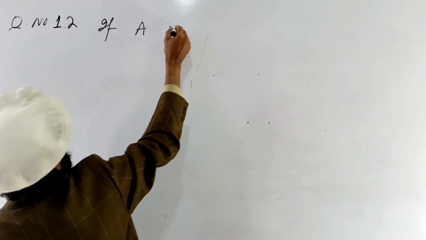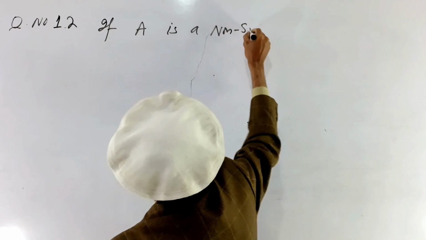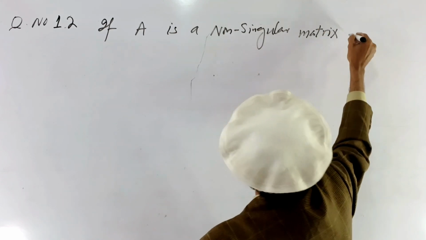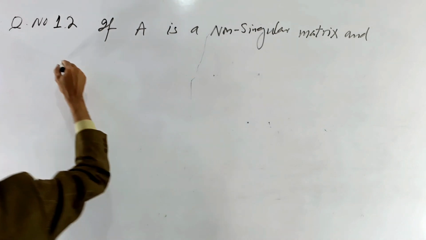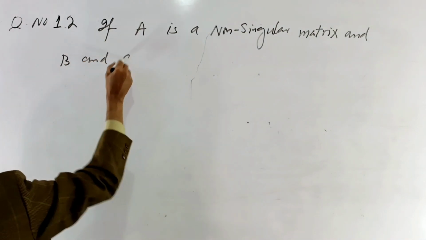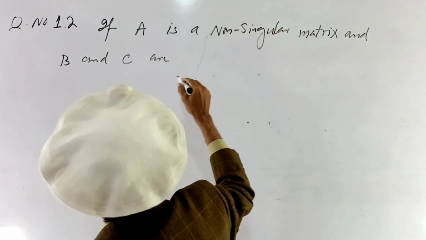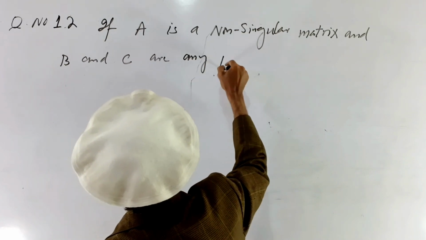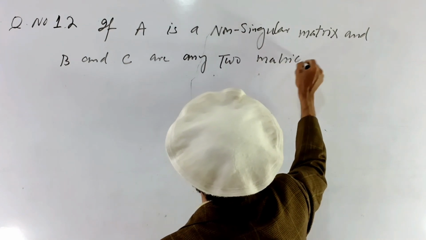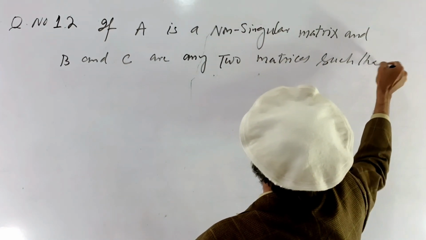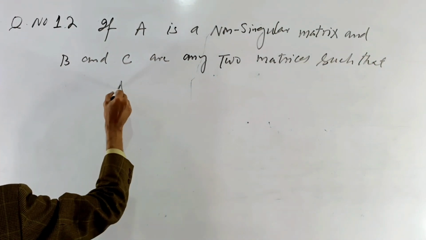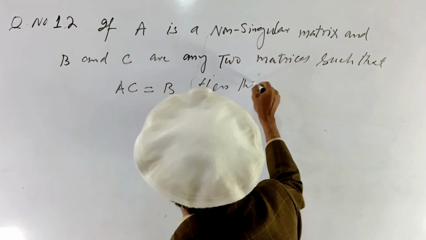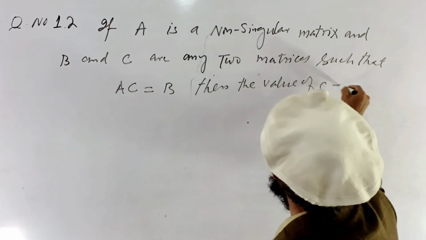If A is a non-singular matrix, and B and C are any two matrices such that AC is equal to B, then the value of C is equal to what?